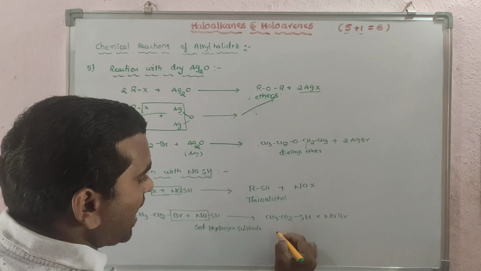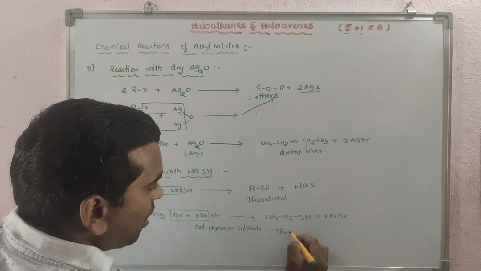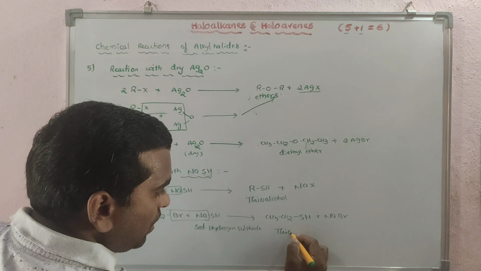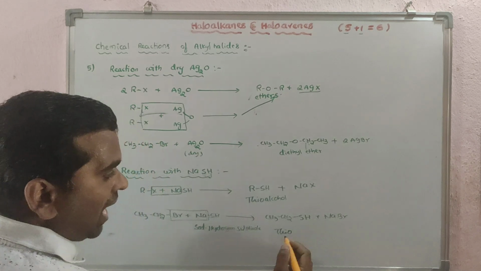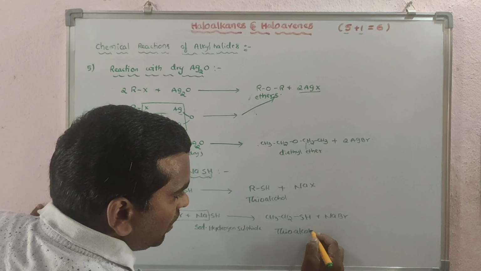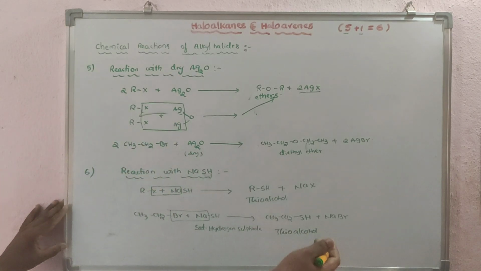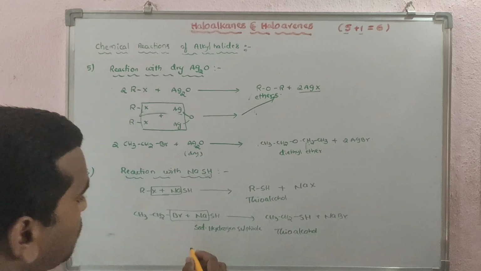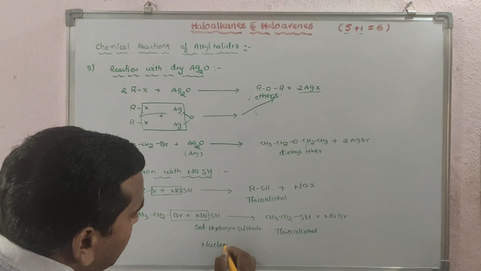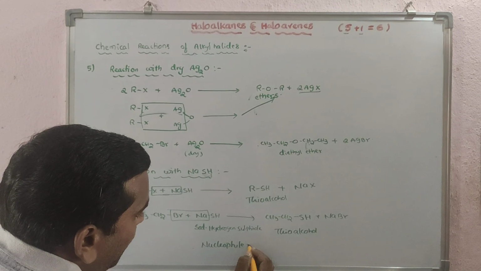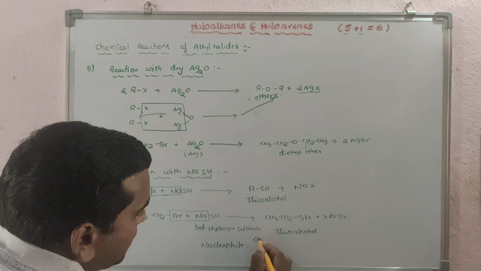We call this thioethanol, the thio analogue of ethyl alcohol. We can say thioalcohol, thioethanol. So in this one, what is the nucleophile? The nucleophile is SH minus.